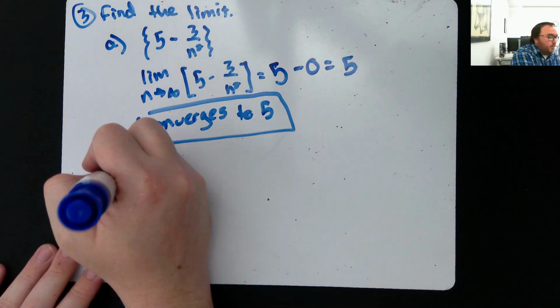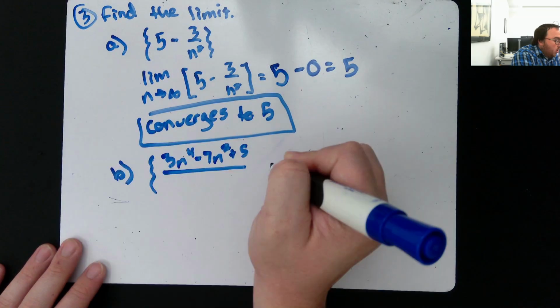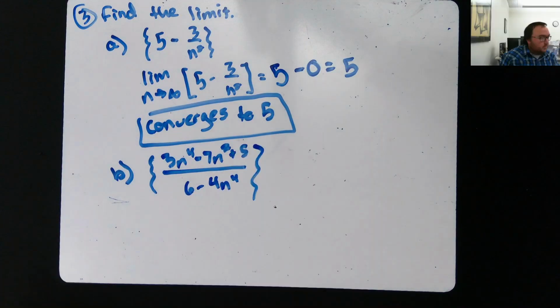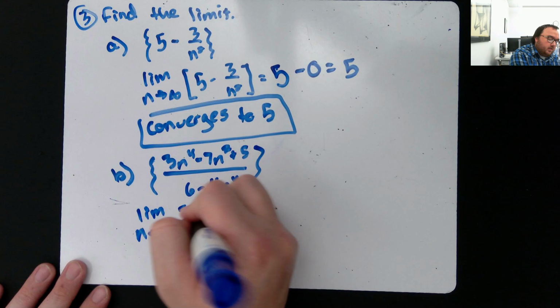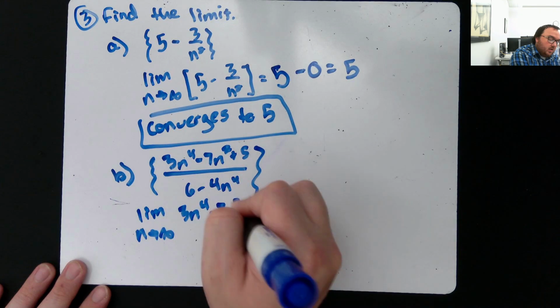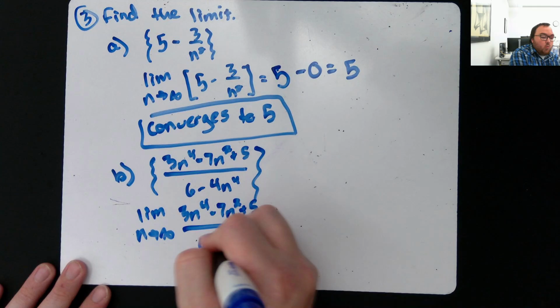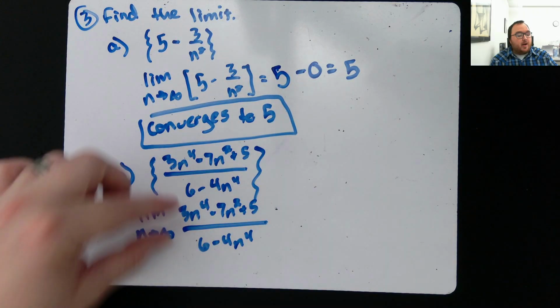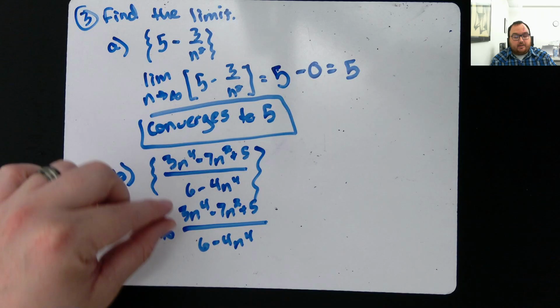Example B, the sequence (3n^4 - 7n^2 + 5) over (6 - 4n^4). Let's look at this one. So again, I'm just taking the limit as n goes to infinity of the function. This is a concept from Calculus 1. Basically, since my n is going to get really, really big, I only care about the largest term for each part.